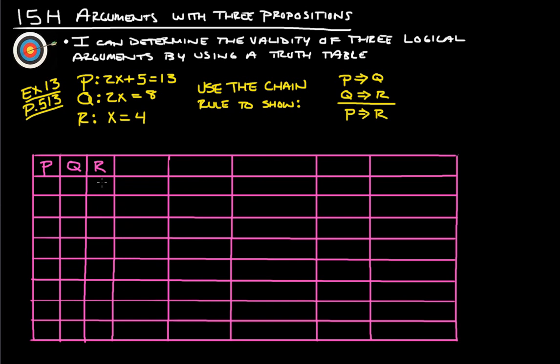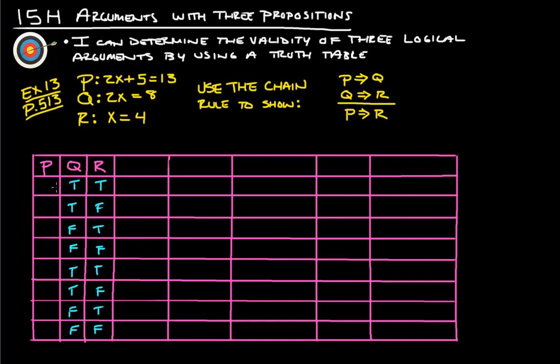Remember, we want to start with the last argument here and do true, false, all the way down. Then the next one is true, true, false, false, all the way down.